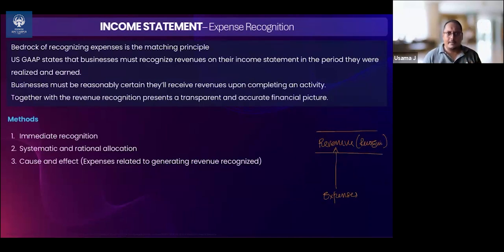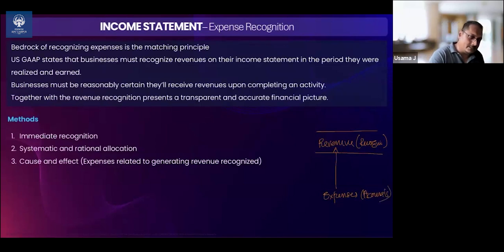US GAAP states that businesses must recognize revenue on their income statement in the period in which they are realized and earned. Don't forget, going back to our previous discussion in the last session, it is on the basis of what? Accruals, guys, right?